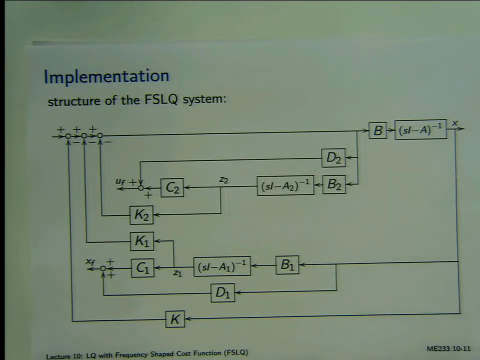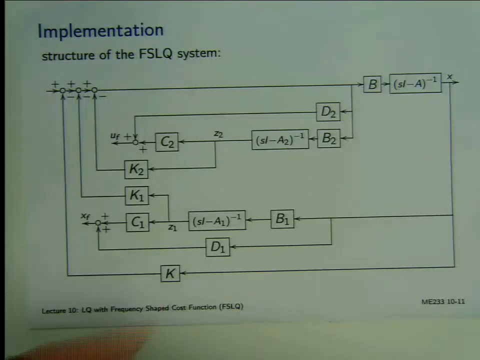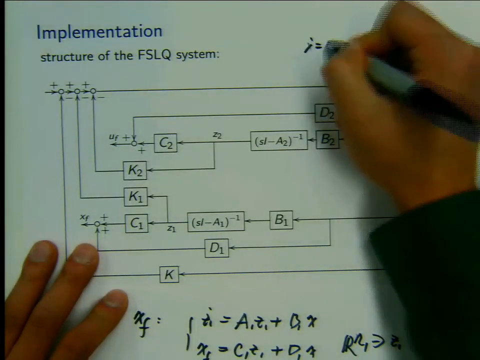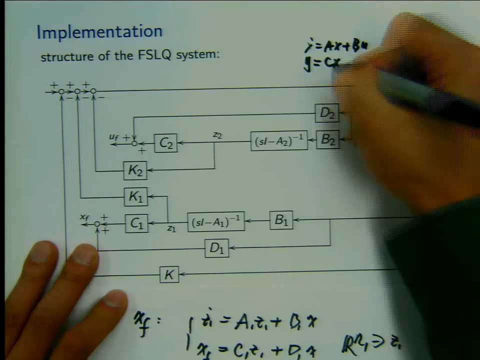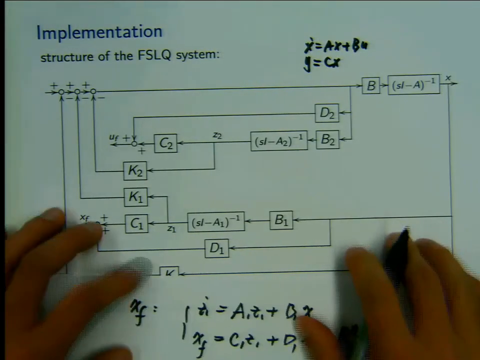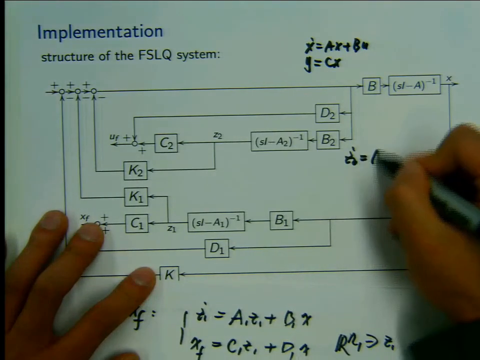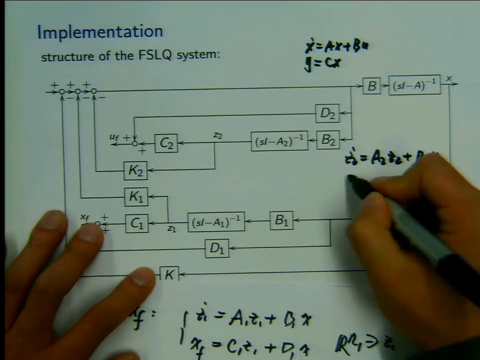And I will close up today's lecture by showing you the structure of the FSLQ implementation. So we have x dot equals ax plus bu, y equals cx. And then we have z2 dot equals a2 z2 plus b2 u2.